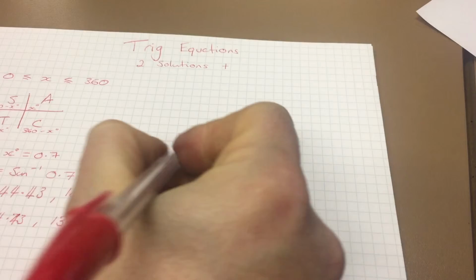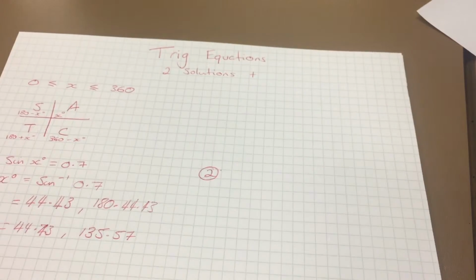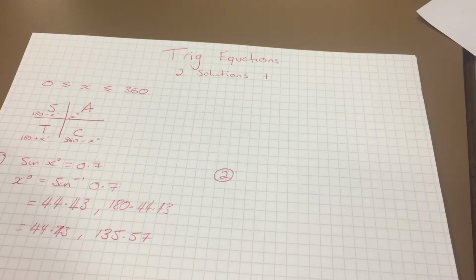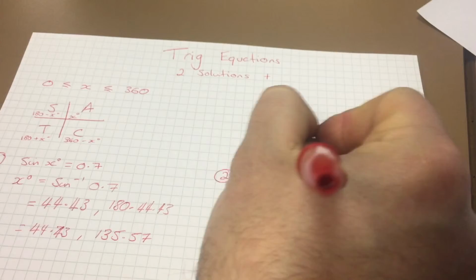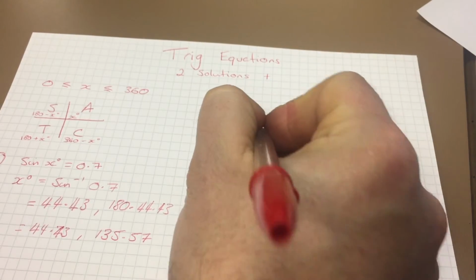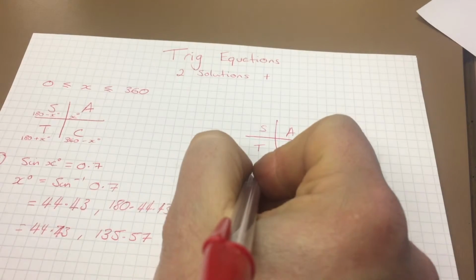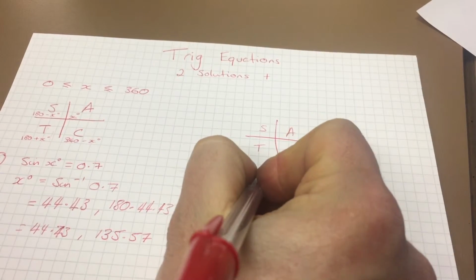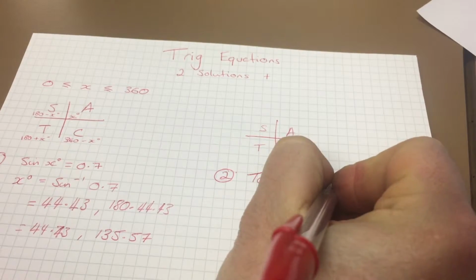So let's try again, this time for number 2. What I would suggest you do for each of these is draw yourself a little reminder, A, S, T, C. In this case it's going to be tan x equals 0.8.